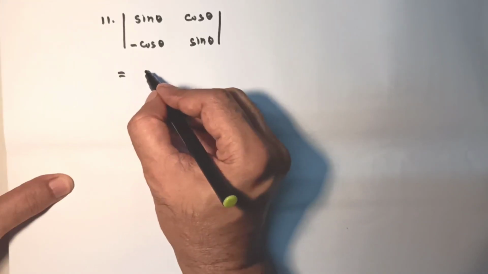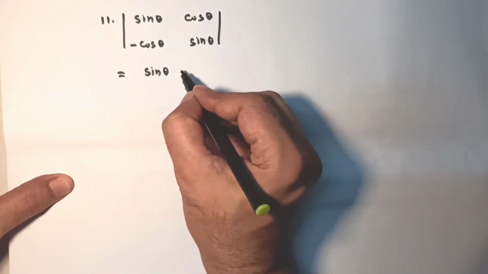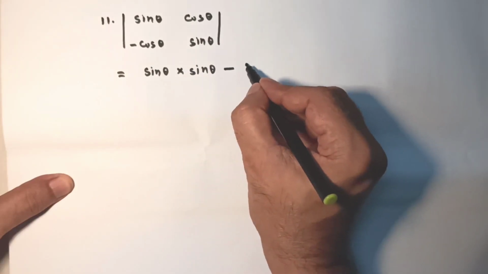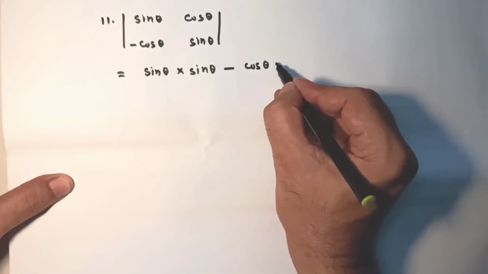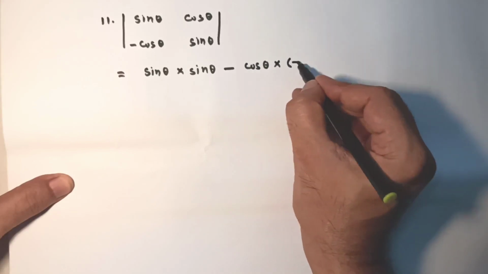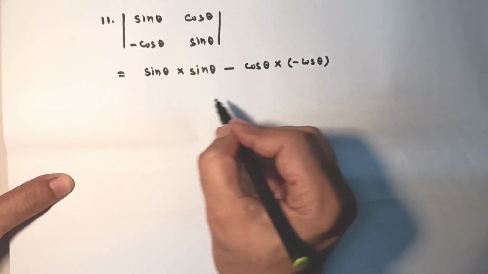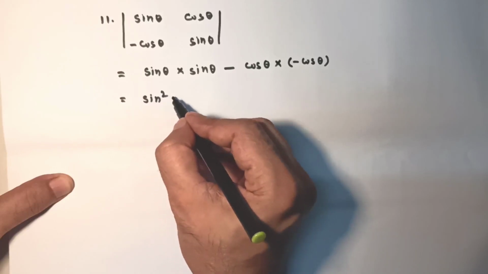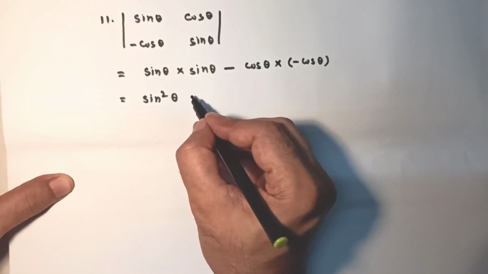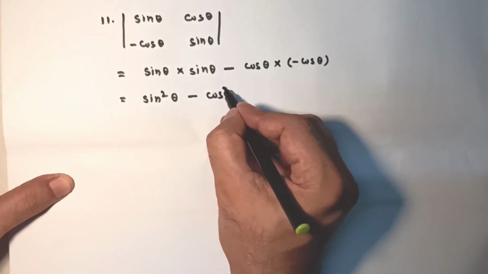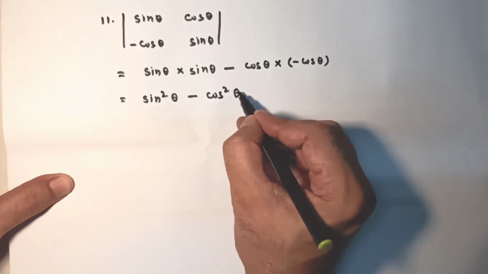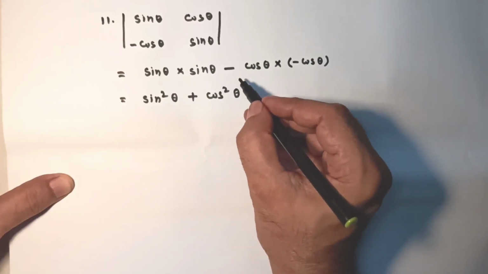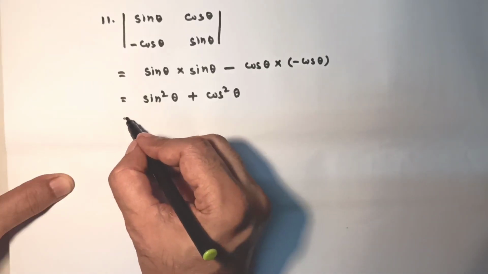Then again cross multiply your sin theta into sin theta minus cos theta into minus cos theta. Sin theta and sin theta gives you sin square theta, so sin square theta minus cos square theta, but this minus will give you plus. So sin square theta plus cos square theta, which is 1.